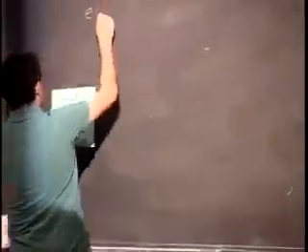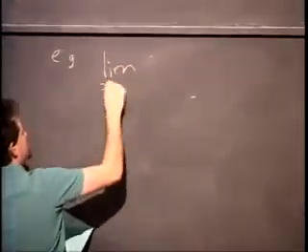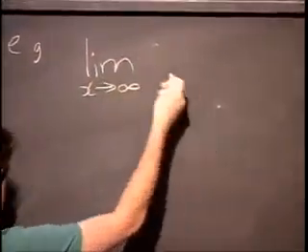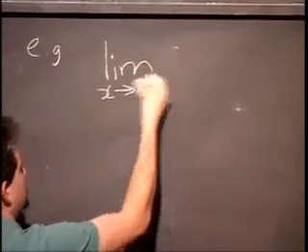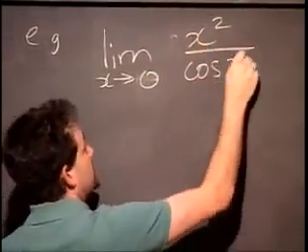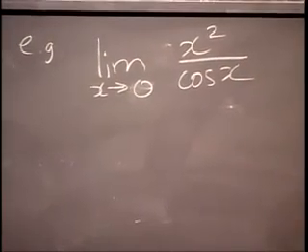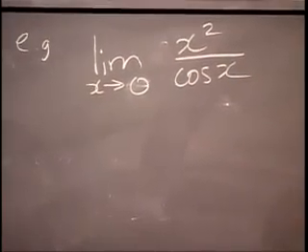What is my example? Limit as x goes to 0 of x squared over cosine x. Okay, let's use L'Hopital's rule.